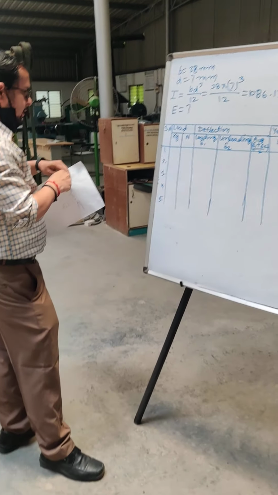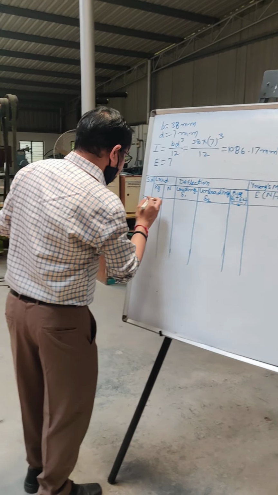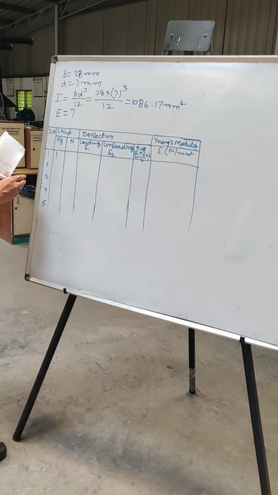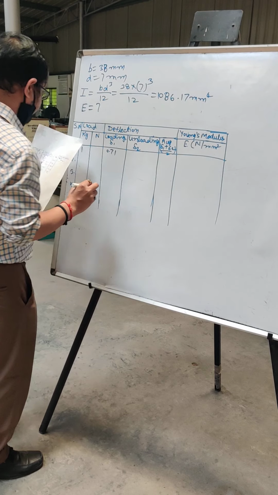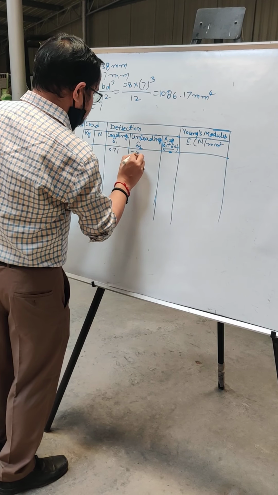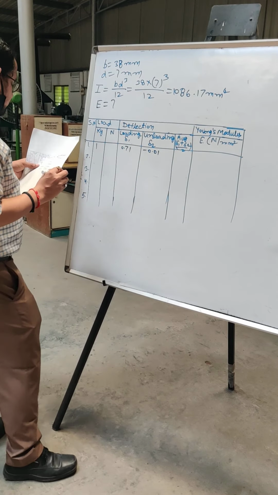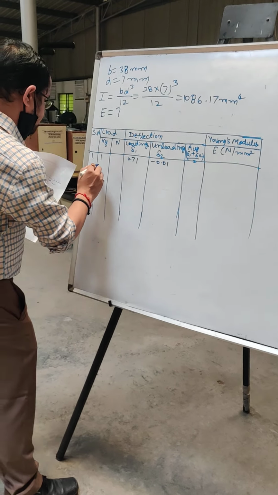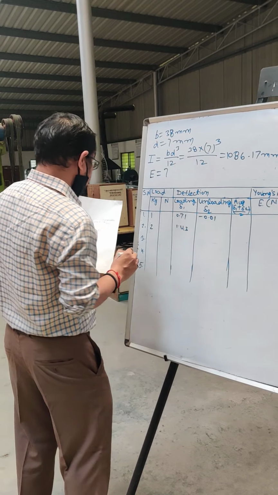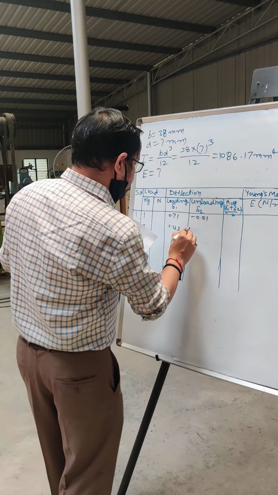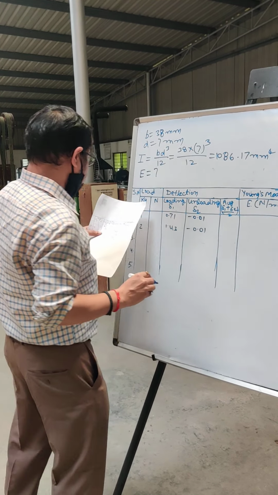For 1 kg, the loading reading is 0.71, and the unloading reading is -0.01. Next, for 2 kg, 1.43 and -0.01.